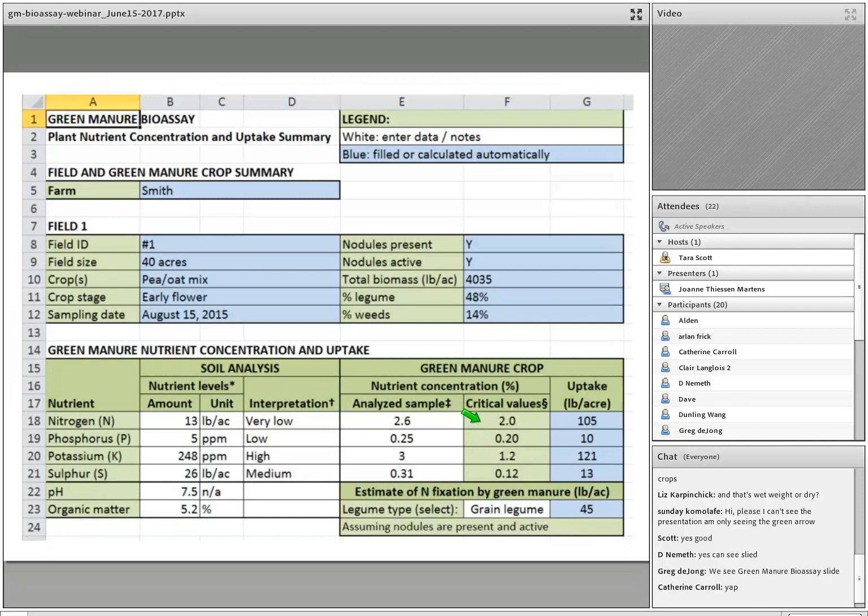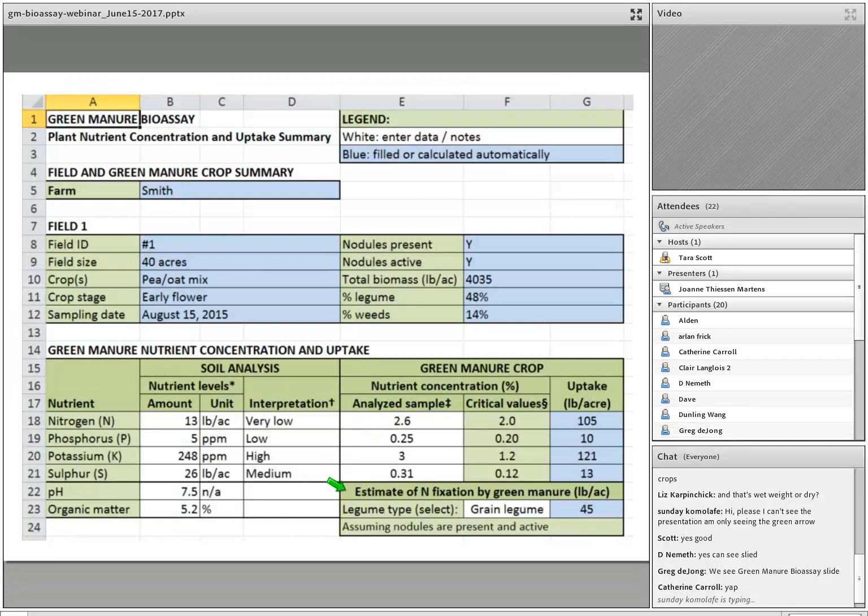The nitrogen value here has less to do with soil fertility and more to do with how quickly that green manure will actually decompose. So we'll just leave that for the moment and focus on P, K, and S. And so you see here, on this farm, we've got 0.25% phosphorus compared to 0.2% as the critical value. This is greater than 0.2, and so it appears to be okay.